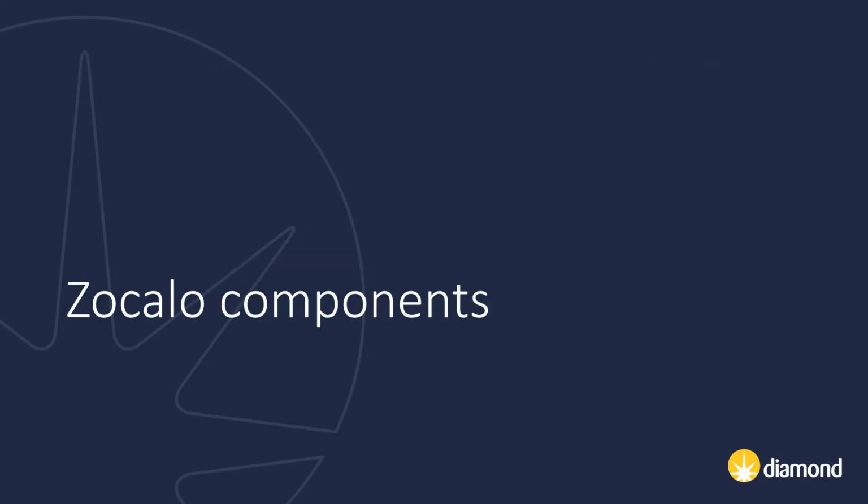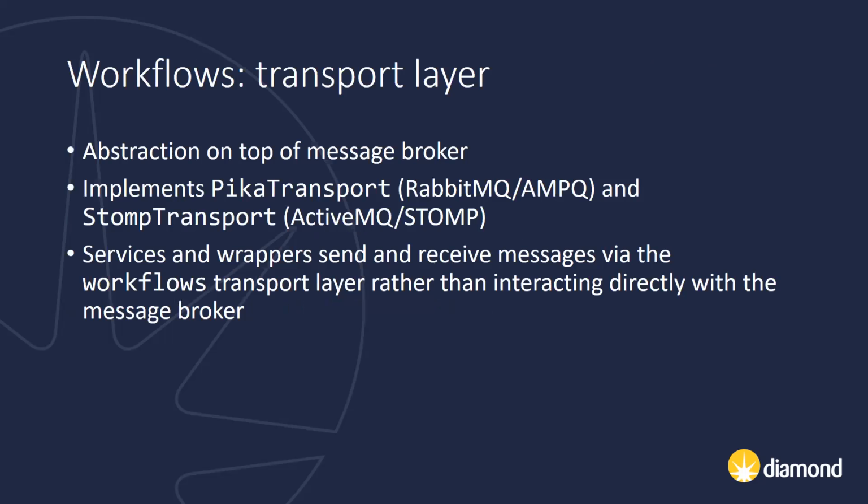So now, just to go through some of the components of Zocalo. First of all, I mentioned that we have a transport layer. This sits as an abstraction on top of the message broker, so you're not dealing directly with the message broker, but you're dealing with the transport layer.